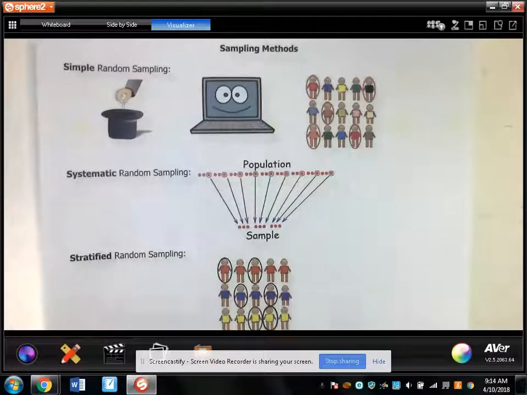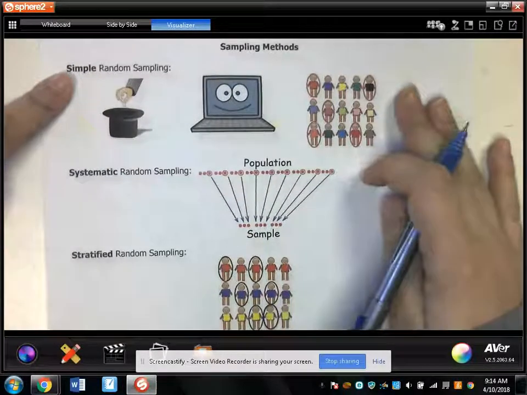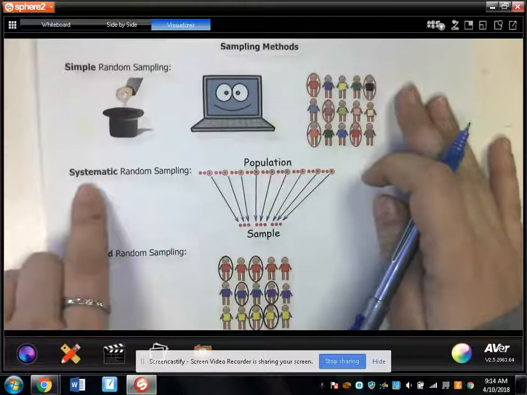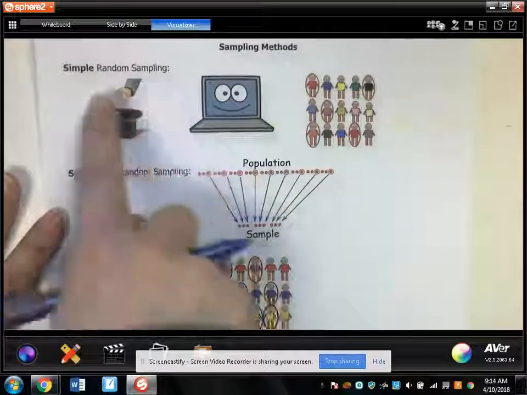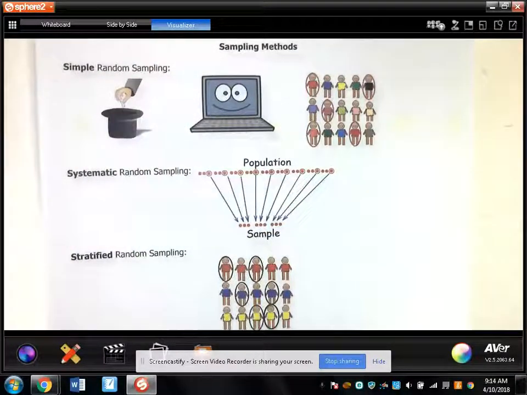And we're going to talk about 3 samples of students, or just ways of sampling students that I could use. Simple random sampling, systematic random sampling, stratified random sampling. So for simple random sampling, I put everyone's name in a hat and I could just randomly choose names out of a hat.